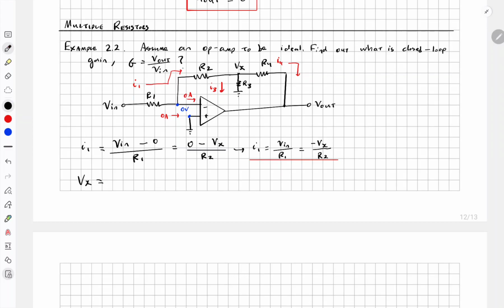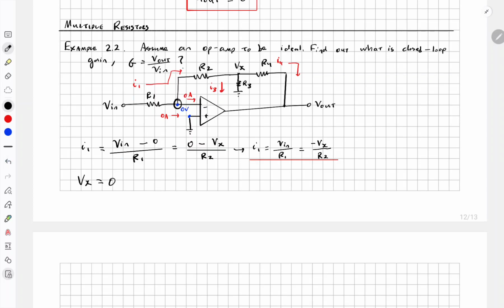Immediately I should say, well, I'm pretty sure Vx is probably useful in this equation somehow, so let's solve for Vx. Okay, so we can say that Vx is equal to this voltage minus the voltage drop across that resistor.